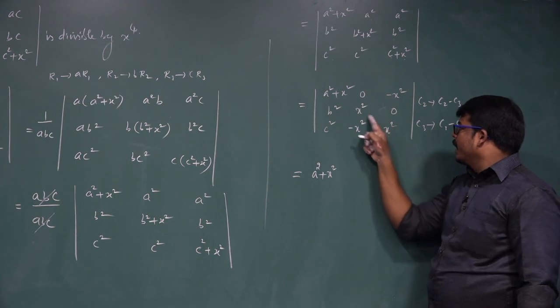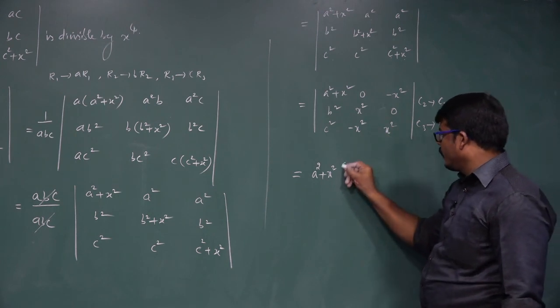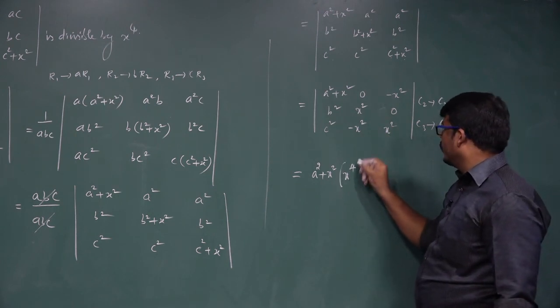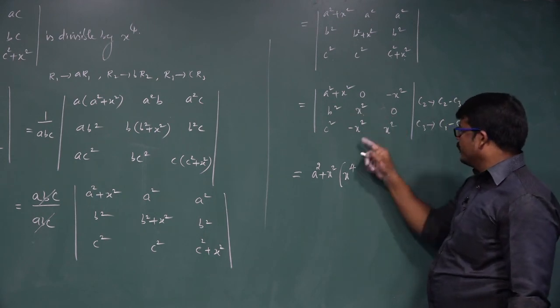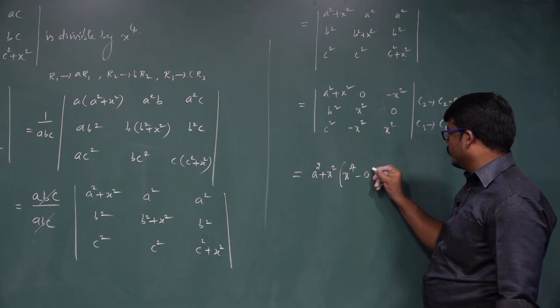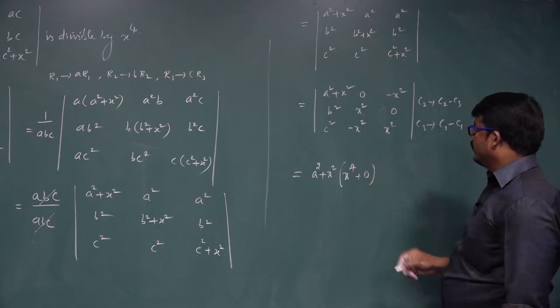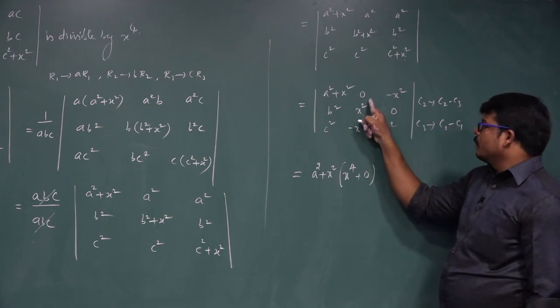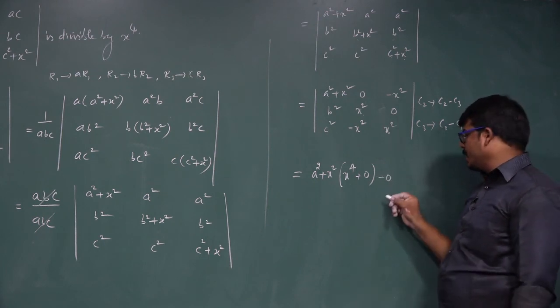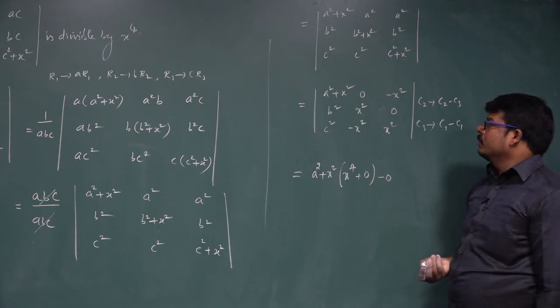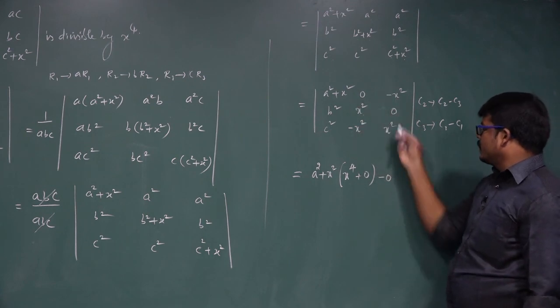Now multiply the leading diagonal: x square and x square is x power 4. Zero times anything is 0. Next, taking the element 0, the formula is minus, and 0 times anything is 0.